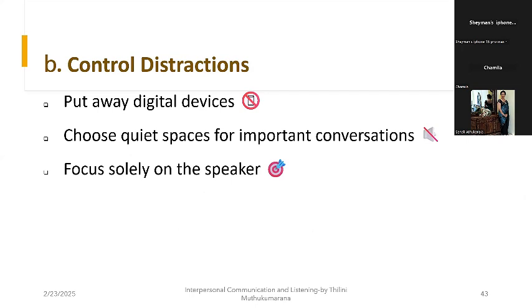And you have to choose quiet spaces for important conversations. So you see there are specific business conference rooms when they want to talk about business discussions, and focus solely on the speaker. These are the things you have to focus on, to control distractions.